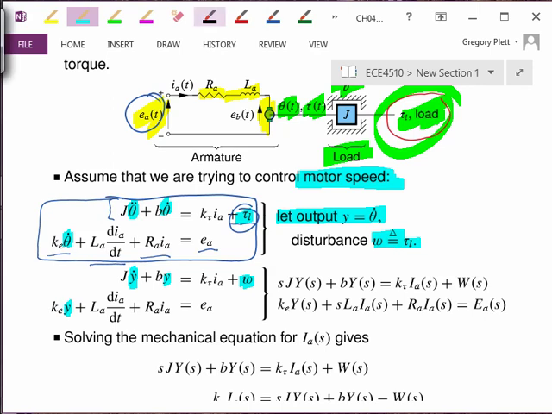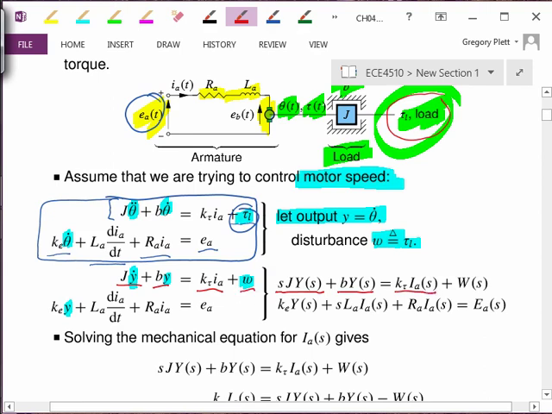So for the first equation, we take the Laplace transform of the first term: J times Y dot becomes S times J times Y of S. B times Y becomes B times Y of S. K tau IA of S, and W is W of S. In the second equation, KE Y of S. L dIA by dt is S times L times IA of S. R times IA, and EA is EA.